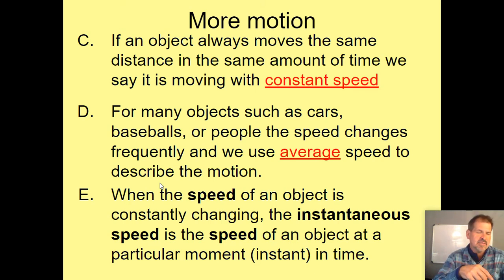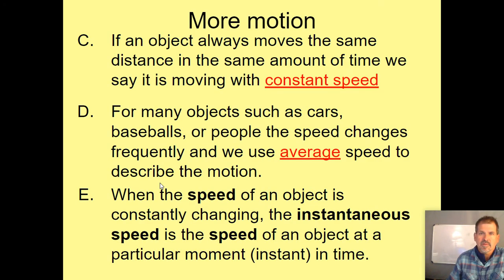Sometimes you're driving 60 miles an hour, sometimes 70. Let's say it takes you an hour to go 65 miles. Your average speed is 65 miles per hour, but your instantaneous speed was whatever your speed was at any particular moment during that trip. Again, you may have to pause to go back and get this all written down, and that's fine.